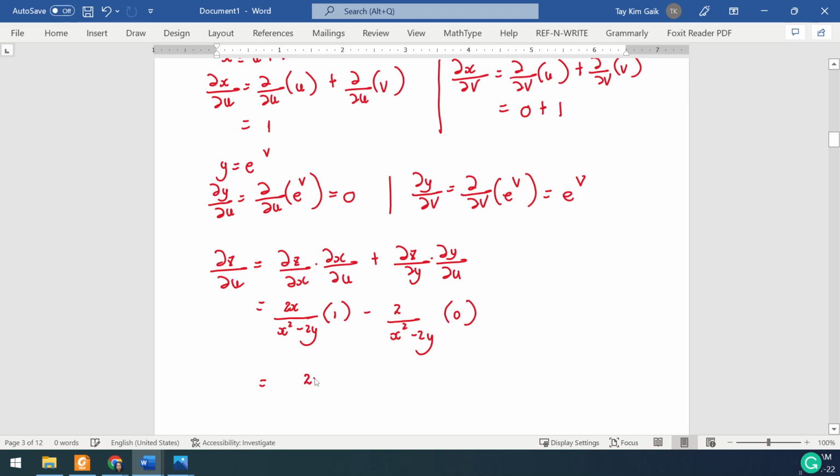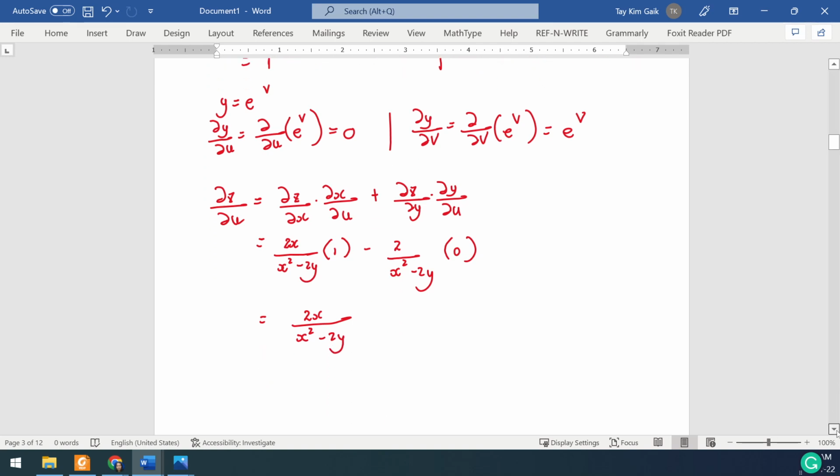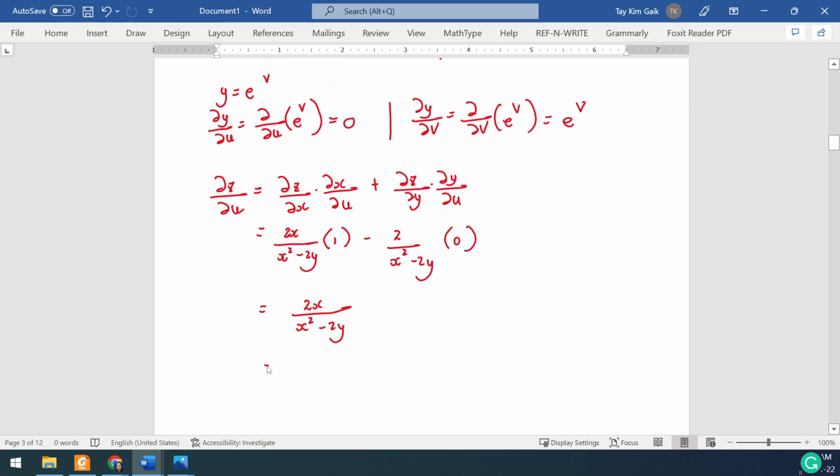So you have 2x over x squared minus 2y. Okay, then put back the x and y. Okay, x is actually u plus v, and then x squared you have u plus v squared. Okay, y, put back y is exponent v.